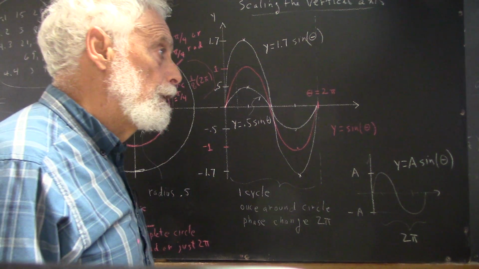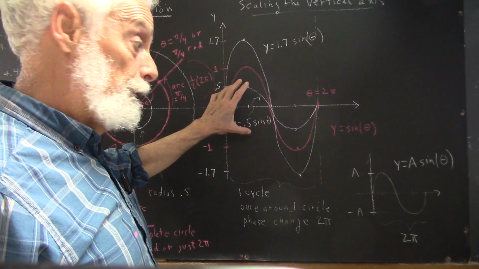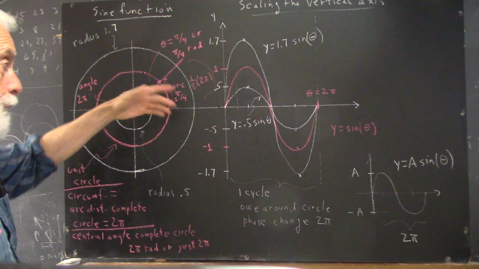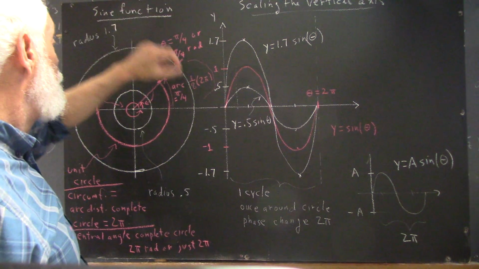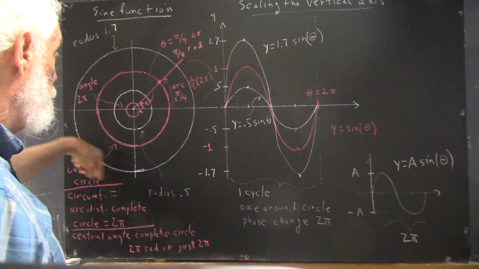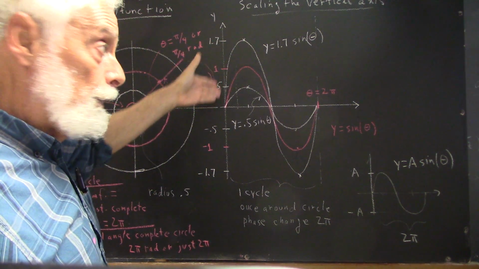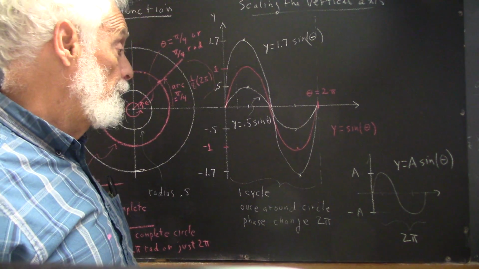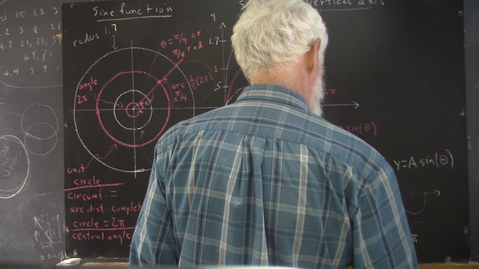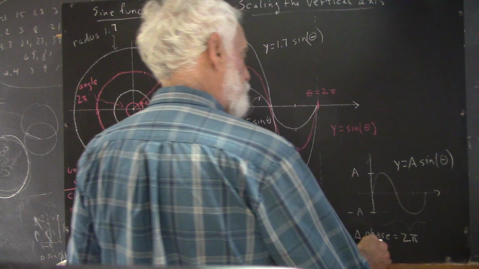Now, I did have a note down here, and I will draw your attention to it: if we have one cycle of any sine function, then that sine function could have been generated by a corresponding reference circle. And one complete cycle around the reference circle corresponds in a very obvious way to one complete cycle of the sine function. So I'll say delta phase equals 2 pi.